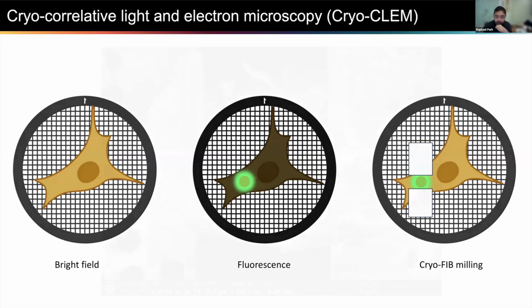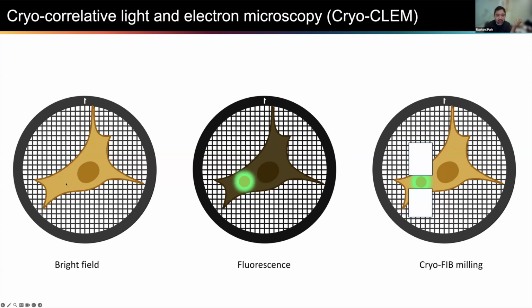So now the question is, how do I know where I mill? You can only mill a window of about 10 micron, which is very small compared to the entire cell. So we use a technology called cryo-correlative light and electron microscopy, in short, cryo-CLEM. The idea is very simple.